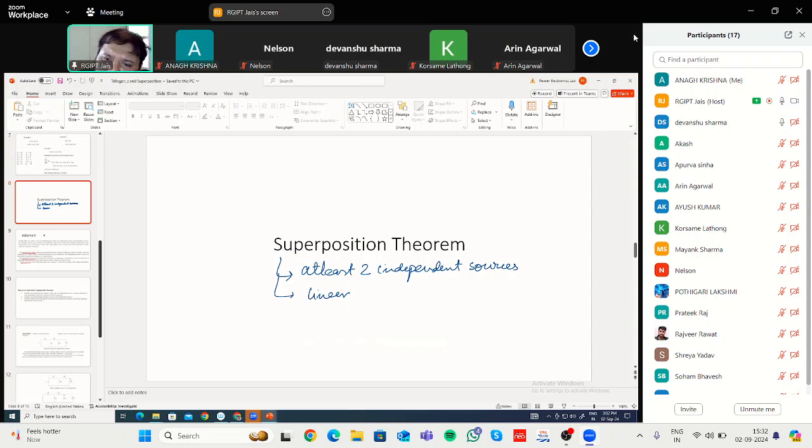Linear means the voltage or the current flowing through a particular element is proportional to the voltage you are applying across it.